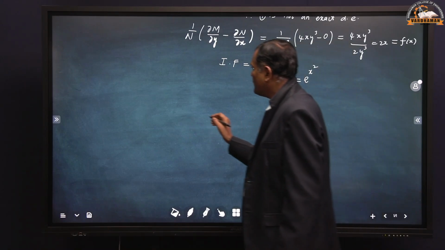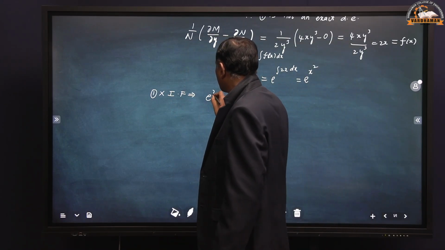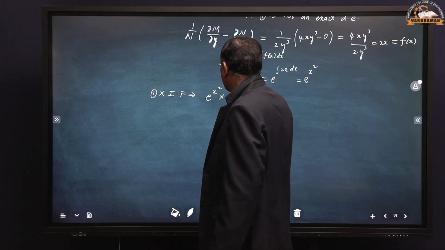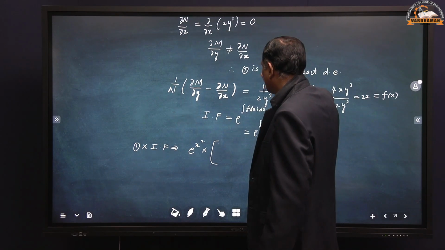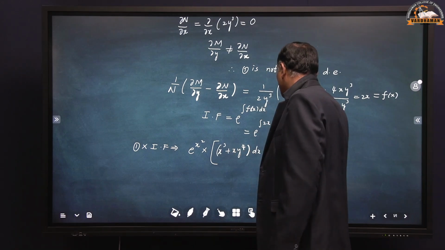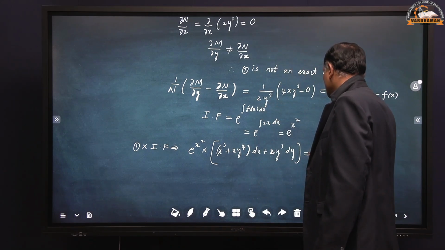Multiplying with the integrating factor, we get e power x square into the given DE. The given DE is x cube plus xy power 4 dx plus 2y cube dy equals to 0.